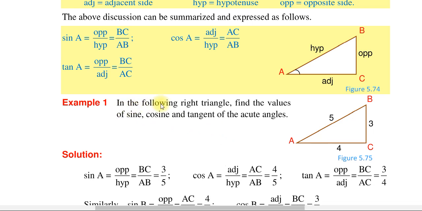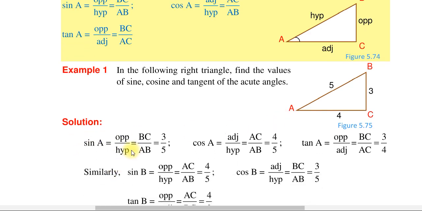For example, in the following right triangle, find the value of the sine, cosine and tangent of the acute angles. That means the sides are given, and we need to find the values of sine, cosine and tan. So sin A is opposite over hypotenuse. For angle A the opposite is 3 over 5, which is 3 over 5.